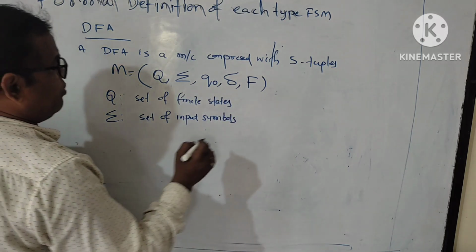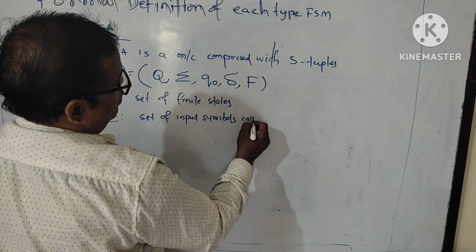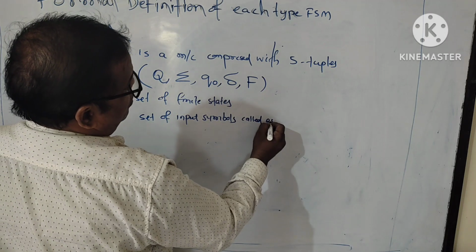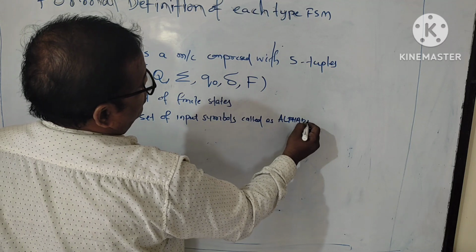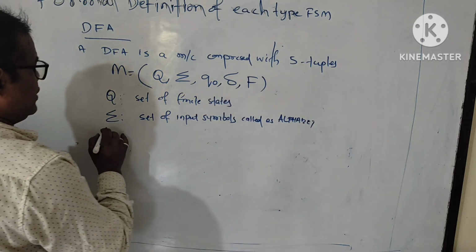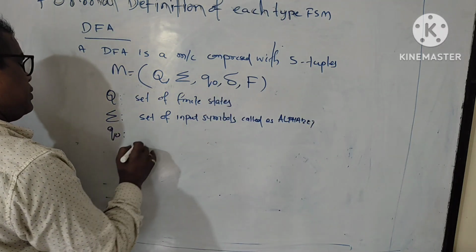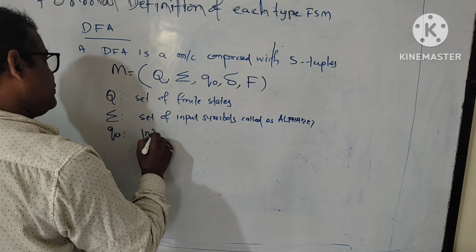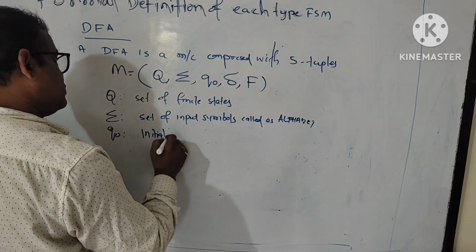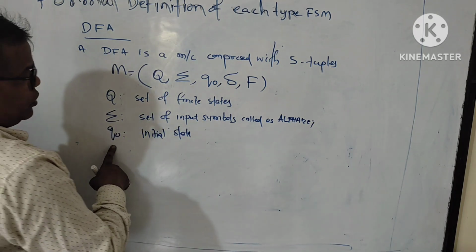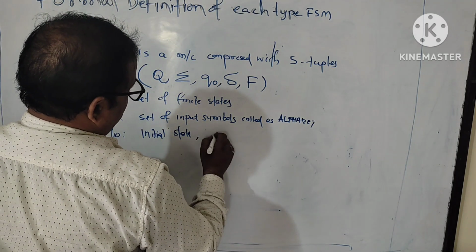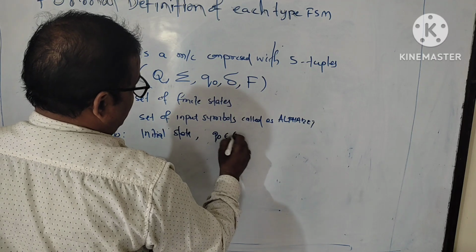We call it the alphabet. And next is the initial state, only one initial state, Q0. Q0 belongs to capital Q.